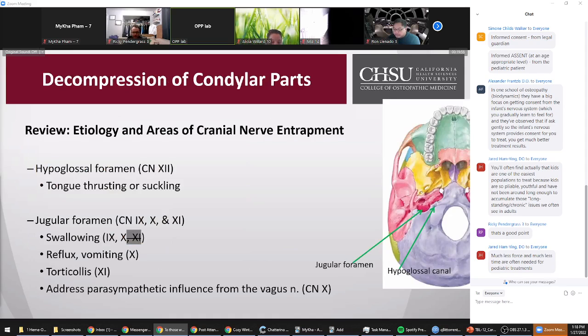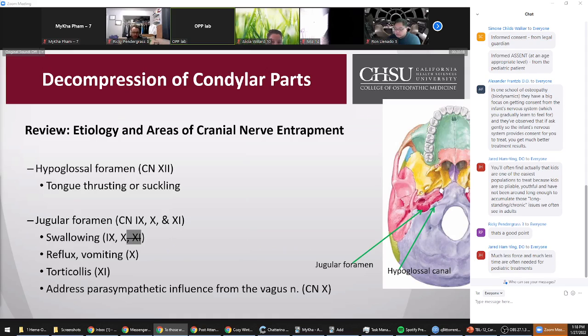So first technique, opening the drain at the cervical thoracic junction. In the lab, in this particular lab, we're talking about a myofascial release technique. The other technique here is decompression of the condylar part.